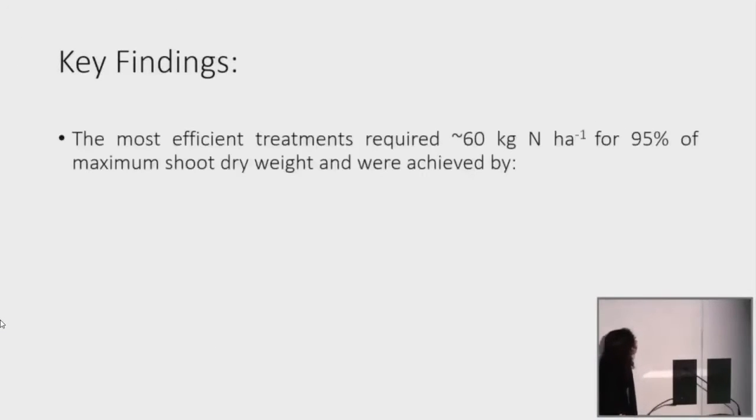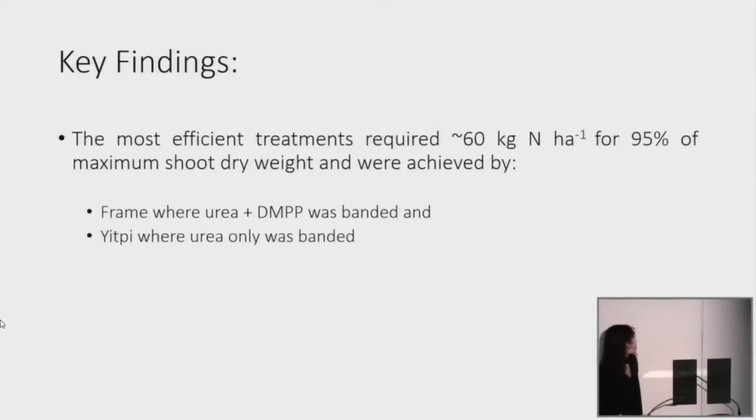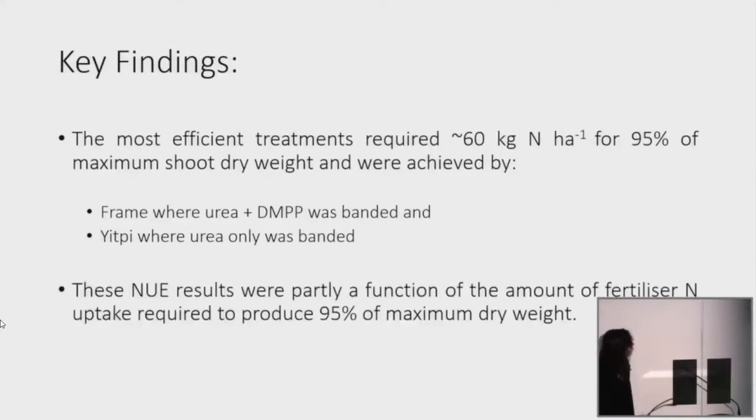So my key findings were the most efficient treatment required approximately 60 kilograms of nitrogen per hectare to achieve 95% of maximum shoot dry weight, and were achieved by Frame where urea plus DMPP was banded and Yitpi where urea only was banded.